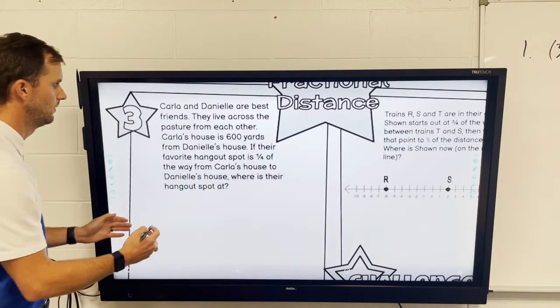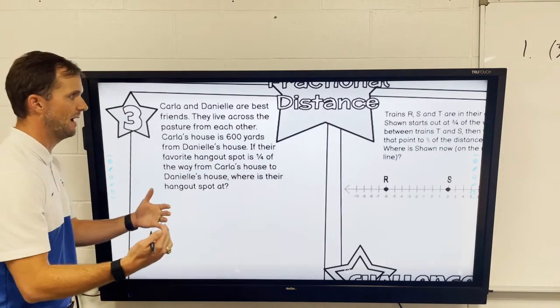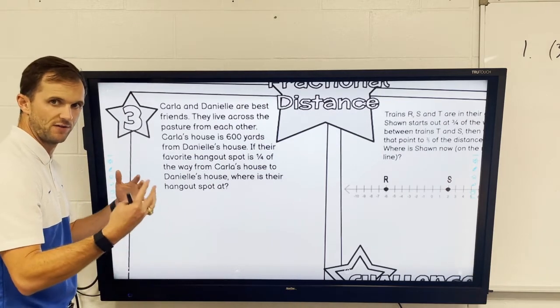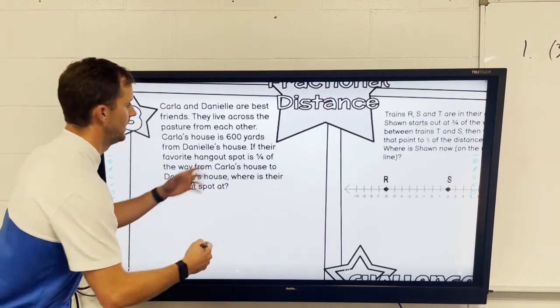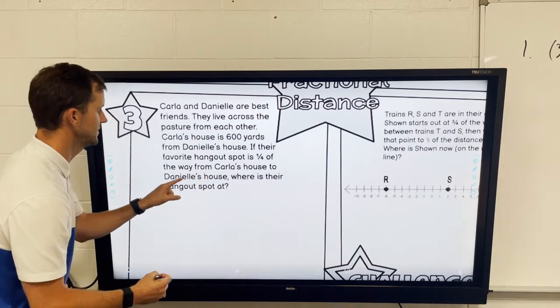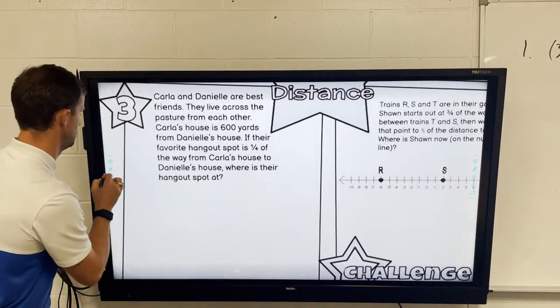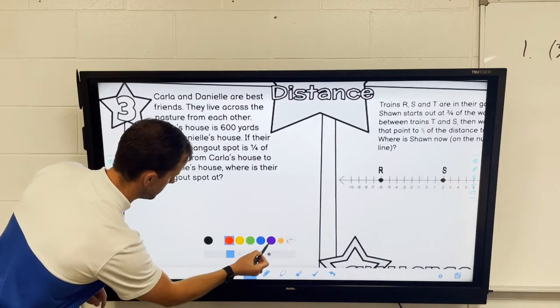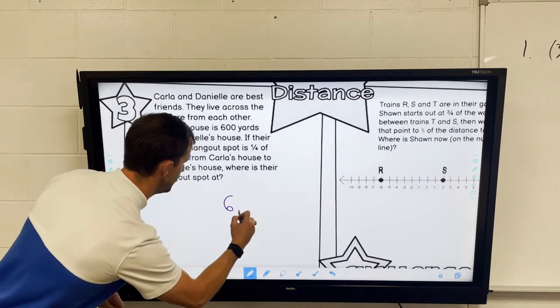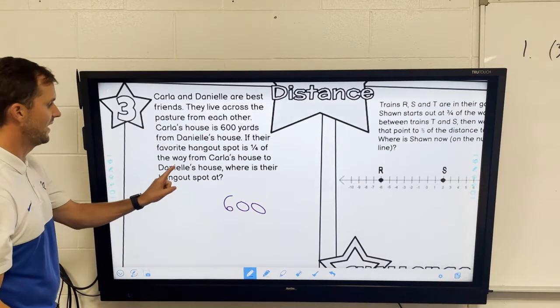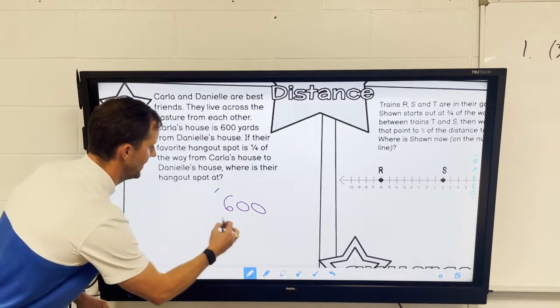Well, I know that we don't necessarily have points here, but I can still find the fractional distance. So I know that from Carla's house to Danielle's house, it's 600 yards. Go ahead and drop that in there. It's 600 yards. And then I need to find what 1/4 of that is going to be.